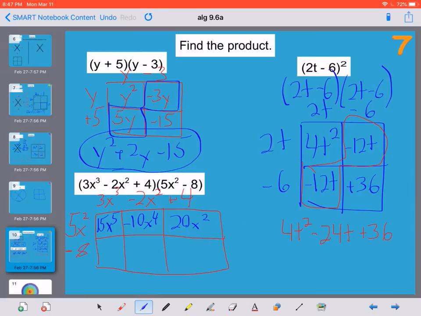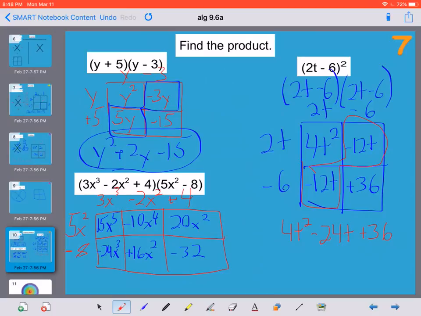Negative 8 times 3x cubed is going to give us negative 24x cubed. Negative 2x squared times negative 8 is going to give us a positive 16x squared. And negative 8 times 4 is a negative 32. Now I look to see what I can combine.